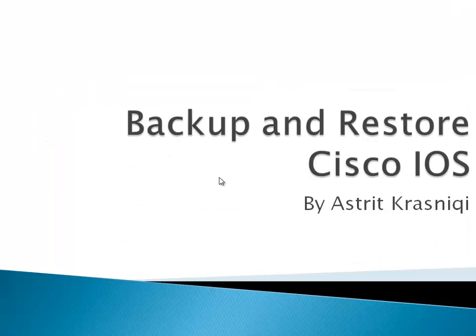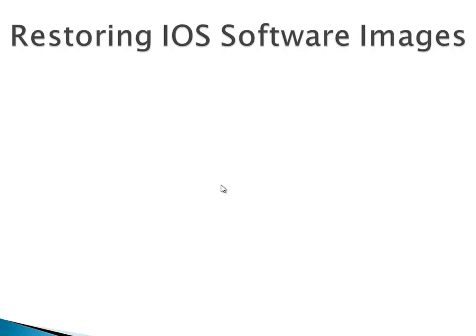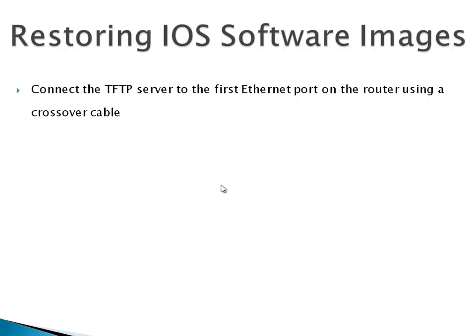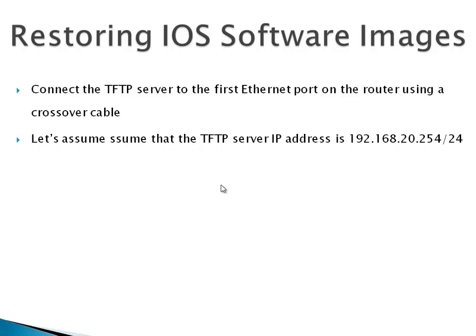Okay, so in this lesson we learned how to back up and restore Cisco IOS, or operating system, by me, Astrit Krasniqi. We need to connect the TFTP server to the first Ethernet port on the router using a crossover cable. Let's assume the TFTP server IP address is 192.168.20.254/24.